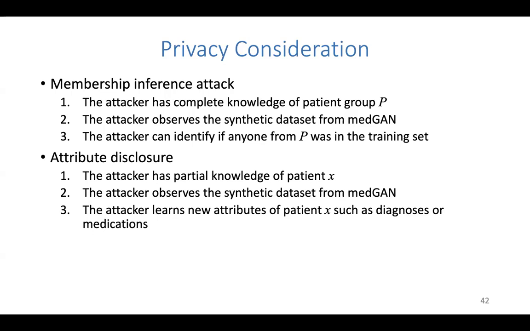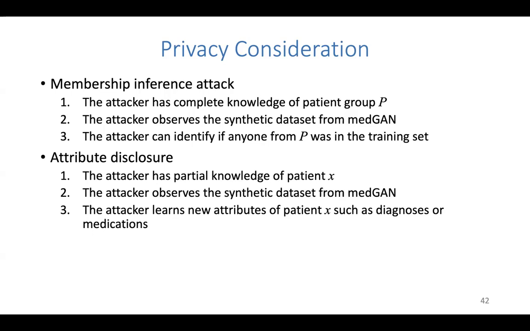In this case, if the attacker is an insurance company, then this could be very valuable information. If John has had cancer in the past, then the insurance company would like to charge a higher premium to John.